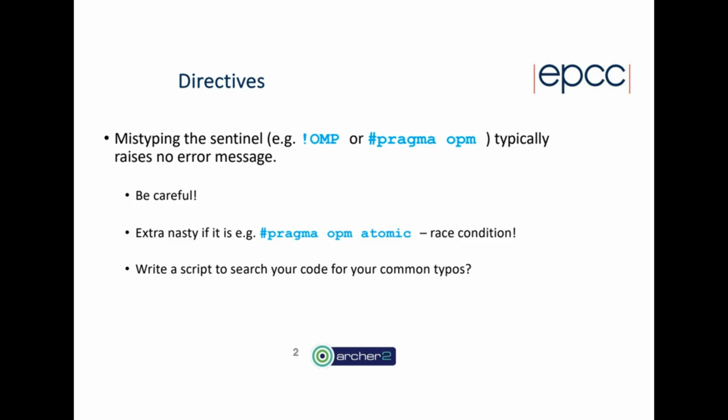You can just end up with a race condition with no warning. That's rather unpleasant. If it's omp parallel or omp parallel for, then you just get no parallelism and you wonder why. But that's slightly less dangerous.